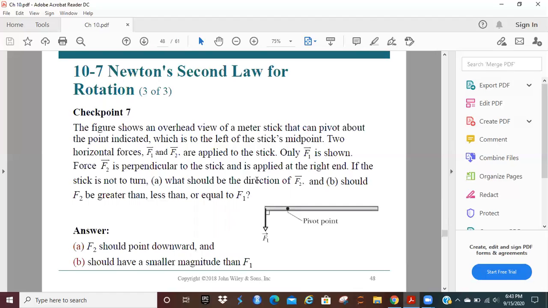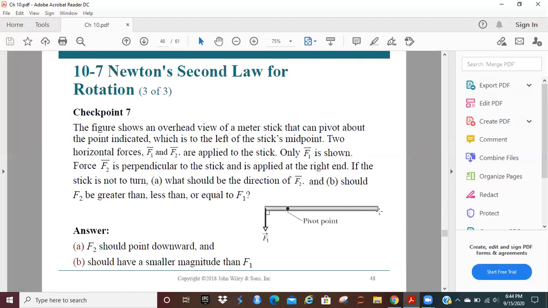So force F2 is going to be perpendicular to the stick as well and applied to the right end. So if the stick is supposed to remain stationary, what's going to be the direction of that second force? And should it be greater than, equal to, or less than the first force?